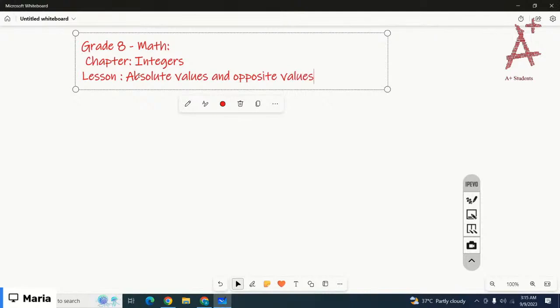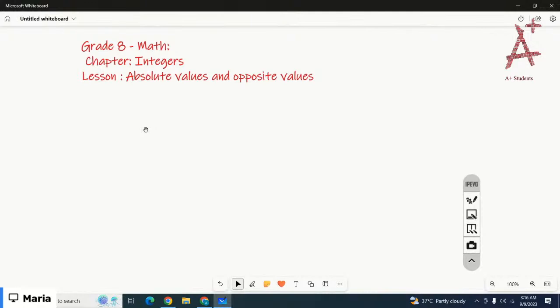Okay, you can note down the definition of the absolute values. I'm going to write the definition on the board. So absolute values are the non-negative values.